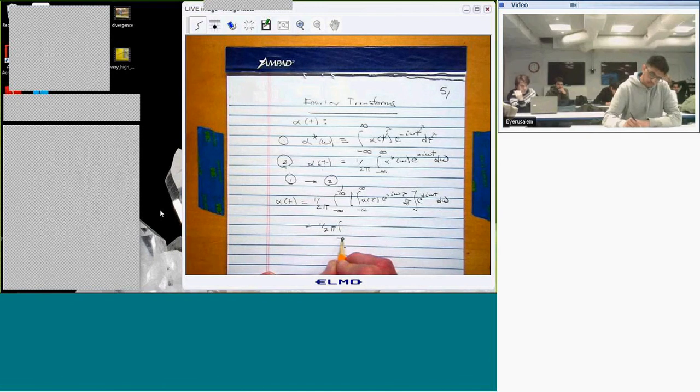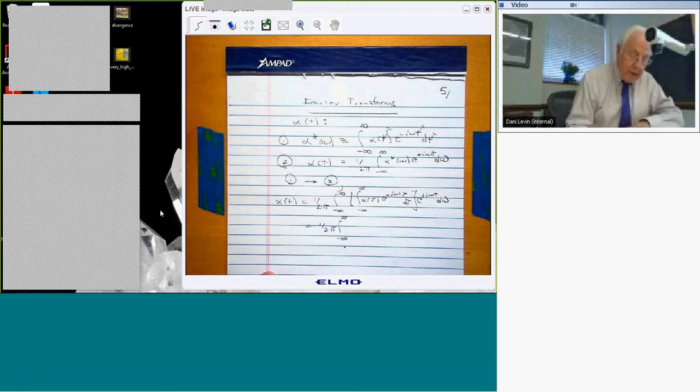Let's see, what do I want to do? If I'm going to do tau second, I'm going to take outside everything that doesn't depend on omega, but only depends on tau.